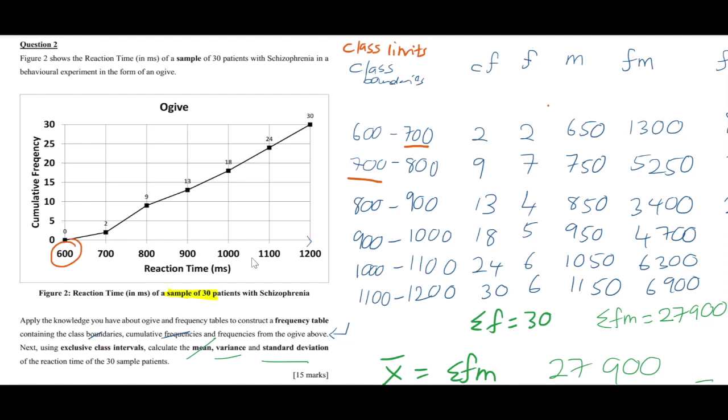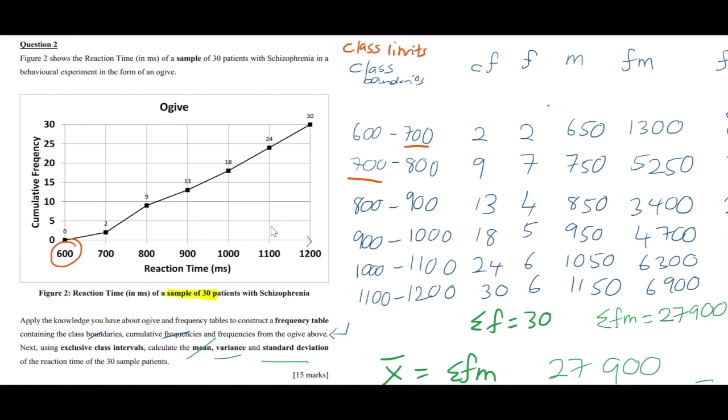Okay, so this indirect question gives you an ogive and asks you to calculate the mean, variance and standard deviation of a sample data based on an ogive. There are multiple things that could have been asked in this question. Another example is to transform an ogive into a histogram, or to transform an ogive into a polygon.